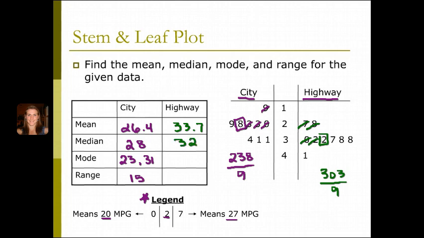Our mode, again, the numbers that happen most often, well, we've got 32 and we have 38 that are both occurring more than one time. And the range is 41 minus 27, which gives us a range of 14. So we're going to take this information, and on the next slide we're going to do some comparison with that.